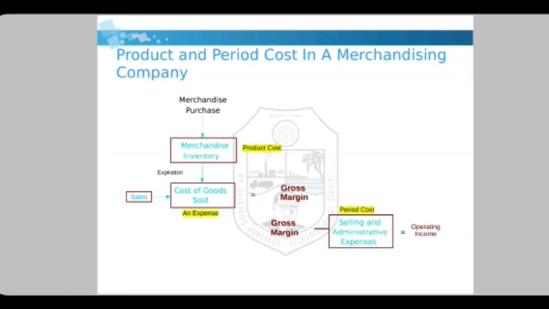Gross margin minus selling and administrative expenses: whatever cost they required for selling that product, and for supervisors or labor working as administrative staff. Selling and administrative expenses are calculated for the whole year. That will be your period cost. So gross margin minus period cost will be your operating income. This is for any merchandising company.